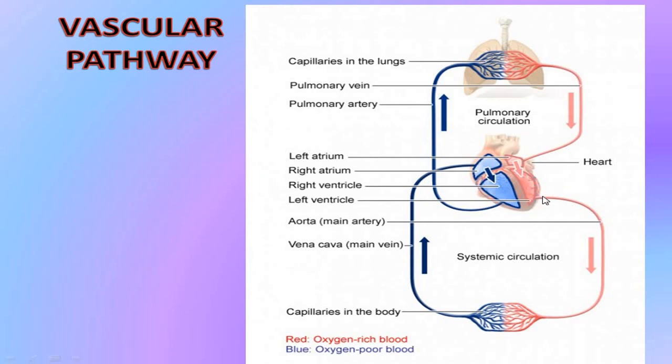Then the heart pumps this oxygenated blood through systemic circulation to all parts of the body, and then from all parts of the body deoxygenated blood comes back through veins into the heart. So systemic circulation is where the heart pumps oxygenated blood to all parts of the body, and pulmonary circulation is where the heart pumps deoxygenated blood to the lungs, and then from the lungs oxygenated blood comes back to the heart to be pumped to all parts of the body.